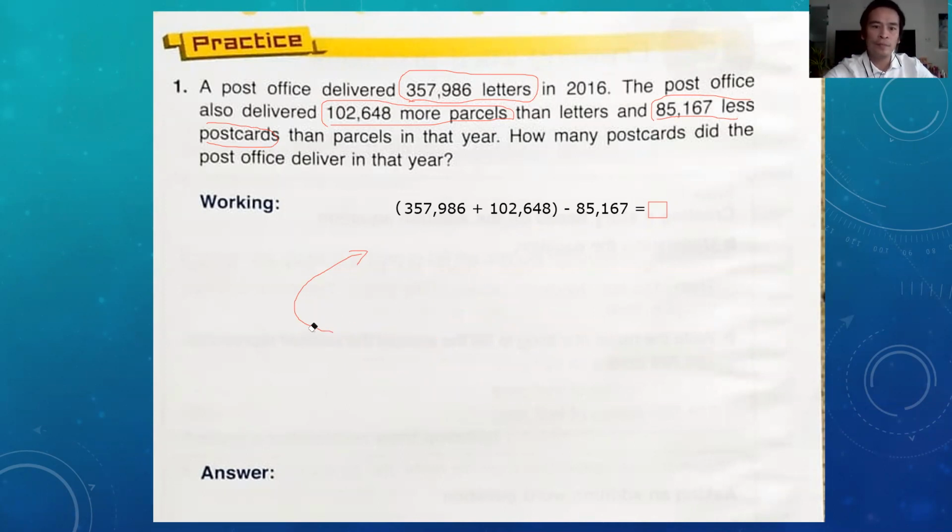Okay, now let's continue. You can use either the usual way, which is the sentence, or the colon if you want. But if you want the colon, which is faster, you can do it. Like for example, this is letters, right? So you can just write number of letters, or you can just write letters, then colon, and then 357,986.